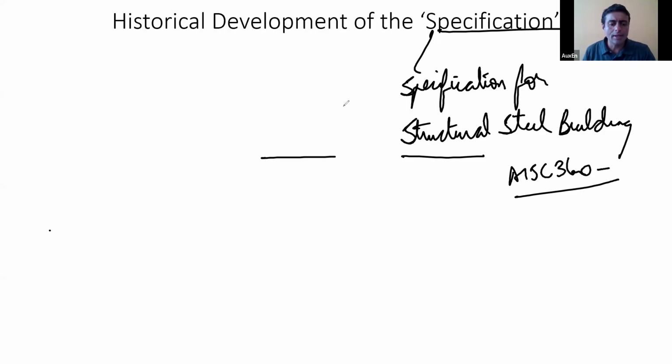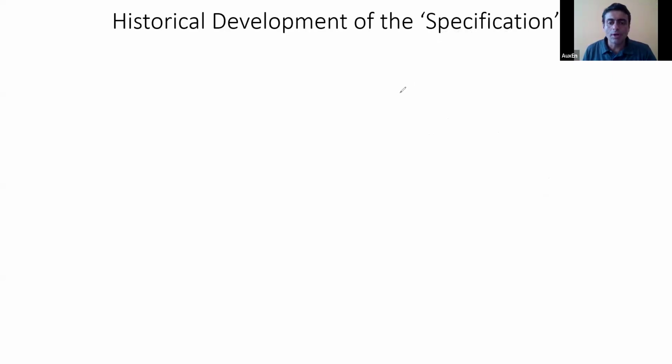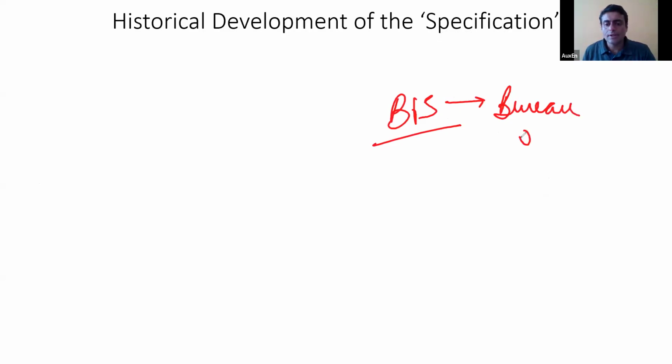So interestingly, in the USA, there is no uniform body like the Bureau of Indian Standards. In the Indian context, the Bureau of Indian Standards publishes all the standards, not only related to civil engineering, but all the design standards, whether mechanical or electrical.